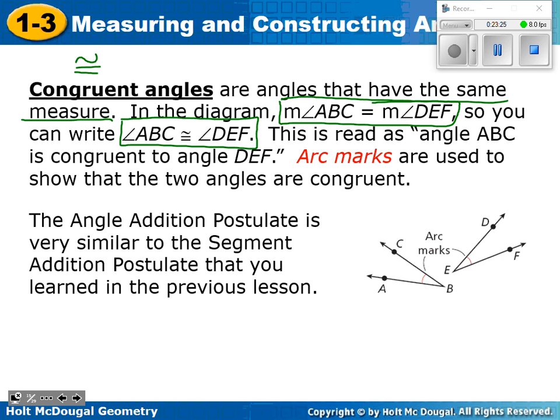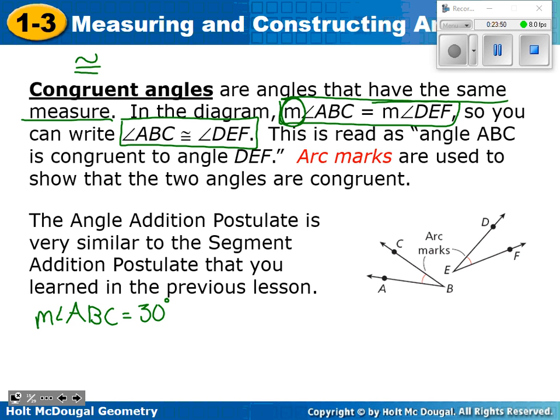Okay, notice the little m's. If you're giving me the measure, you have to put a little m in front of it. So if you're saying the measure of the angle is 30 degrees, when you write your answer, you'll put the measure of angle ABC equals, and then you'll put your answer, 30 degrees. I will be picky that you have a little m, okay? So if you're giving me the measure, you should have a little m.